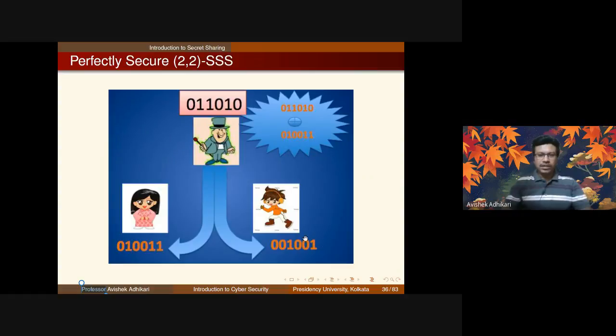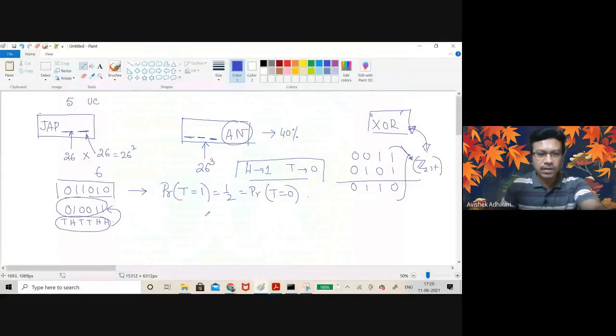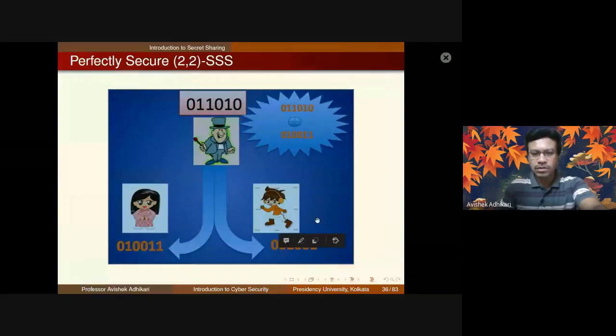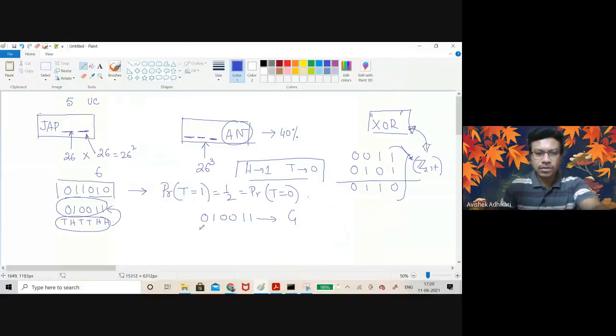Now you can understand when both of them make an XOR of it. For example, here the girl has this one, 0, 1, 0, 0, 1, 1. So this is the girl's share. And what is the boy's share? 0, 0, 1, 0, 0, 1. So this is the boy's share.